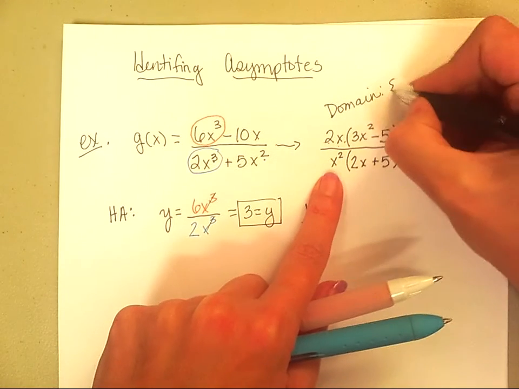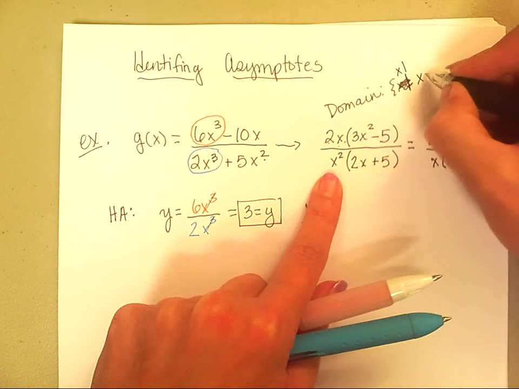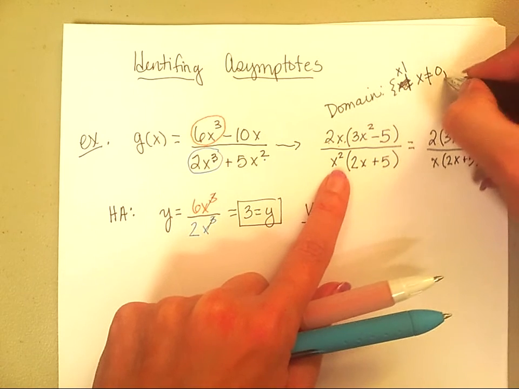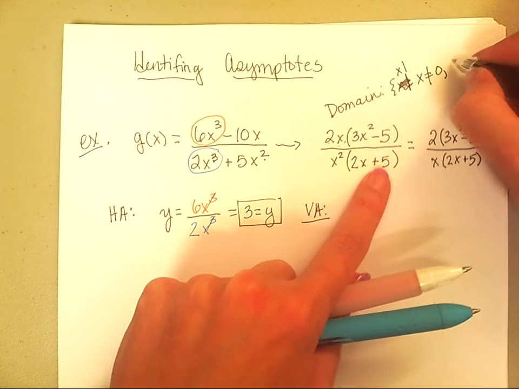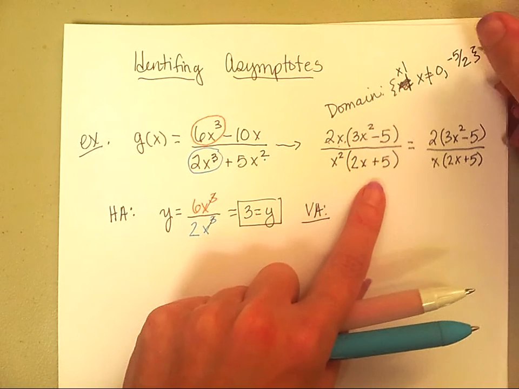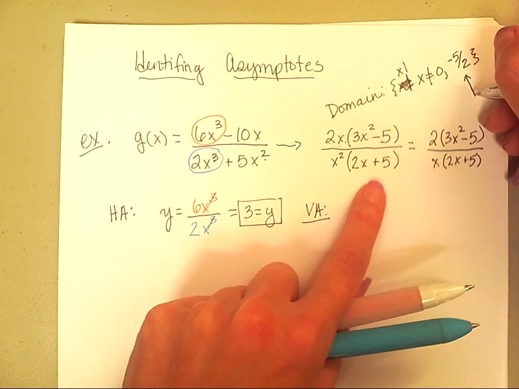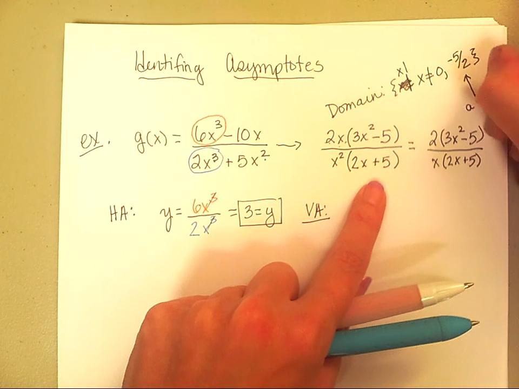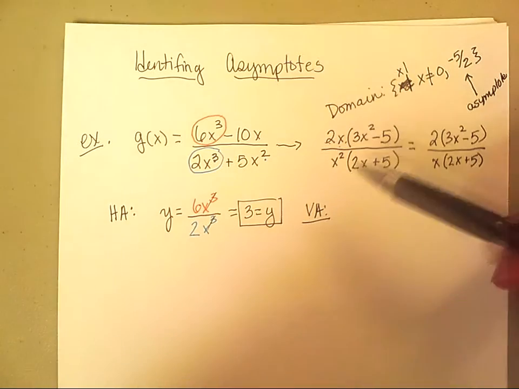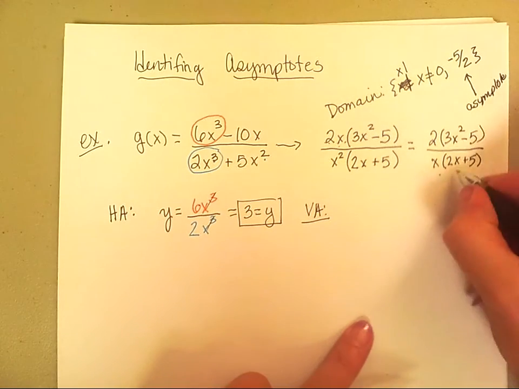Now from the original, we know that the domain here is the set of all x such that x cannot equal, well, from here 0, and it's a double repeated root, and here if I subtract 5 and divide by 2. So this is going to lead to, because there was no canceling with it, a vertical asymptote.